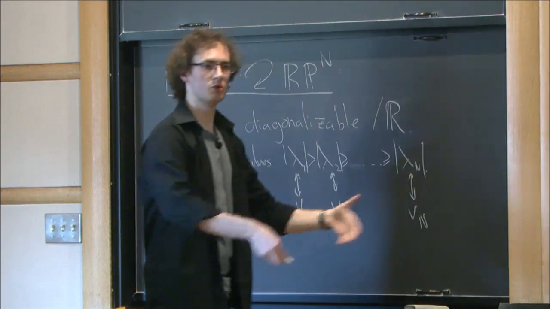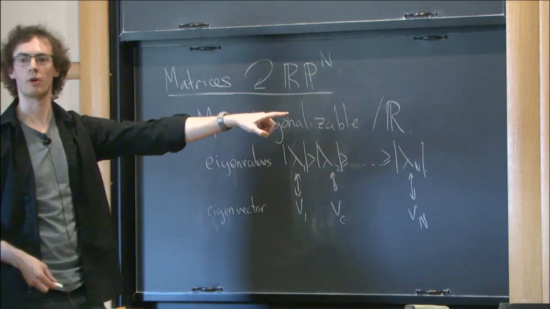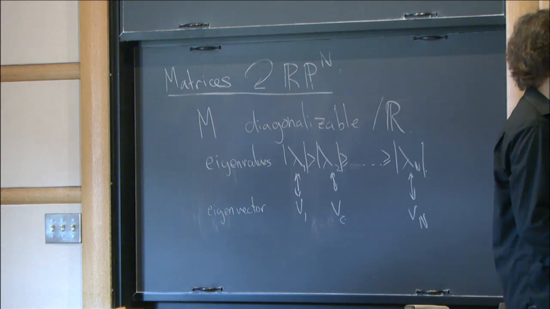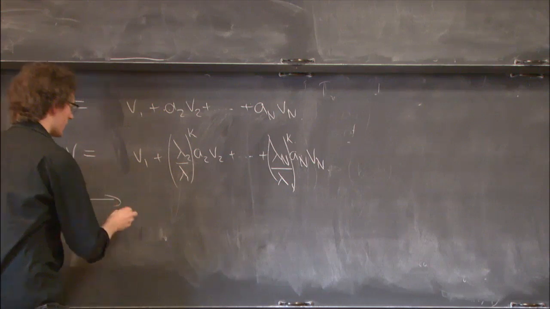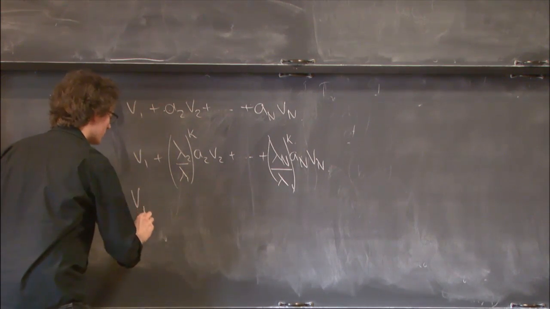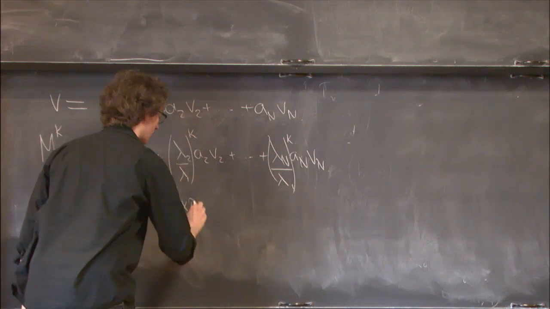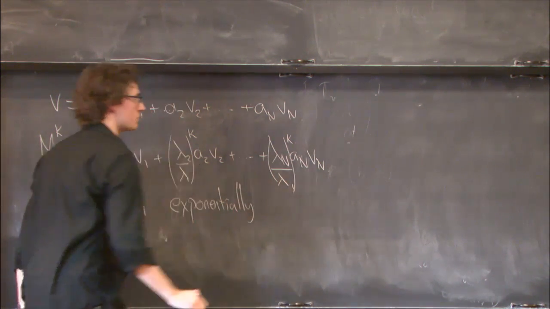So as you do more and more of these iterations, each one of these coefficients decays away exponentially quickly. So this process of applying this matrix k times means that this vector that you're seeing here in RPN converges to v1, and it converges exponentially as k goes to infinity.